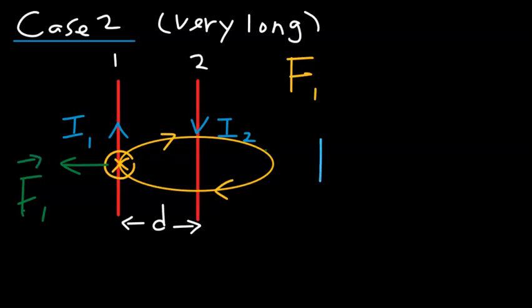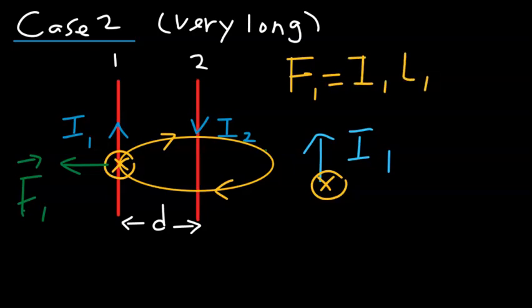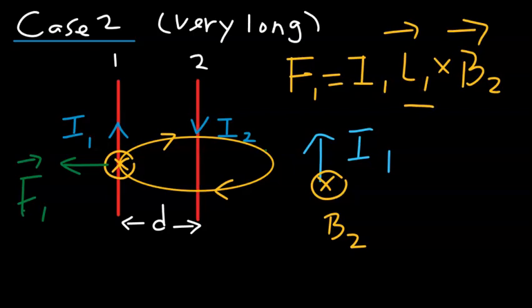The current I1 is heading up, the magnetic field is going into the board. By crossing L1 into B2, where vector L1 follows the direction of I1 and L1 is the length of conductor 1, you see that the direction of F1 indeed goes to the left.